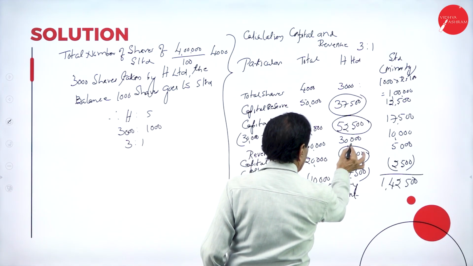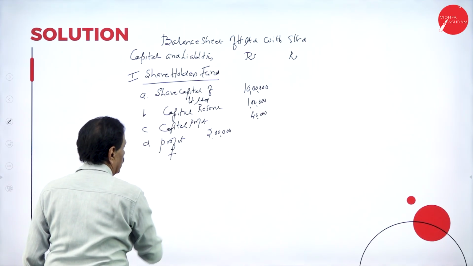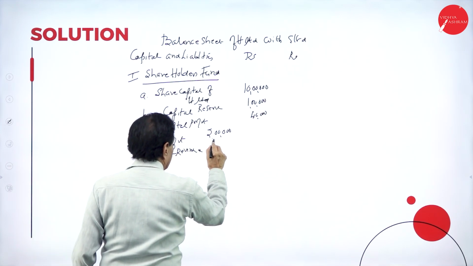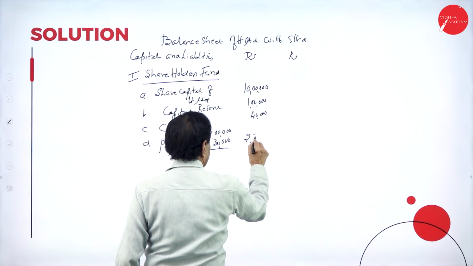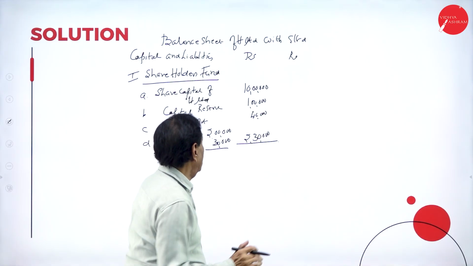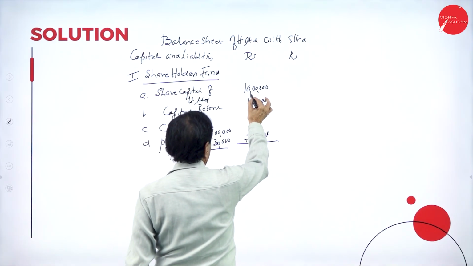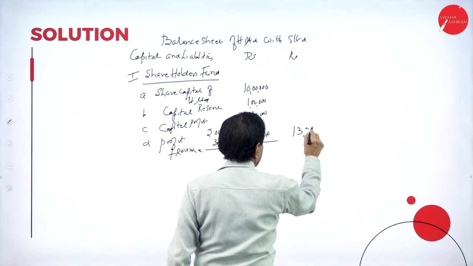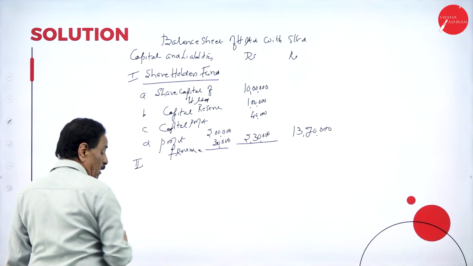Revenue profit 40. How much is there? 30,000 plus revenue 30,000. 2,30,000. Add 10 lakh, 11 lakh, 13 lakh 70,000. Number 2, long-term loan.